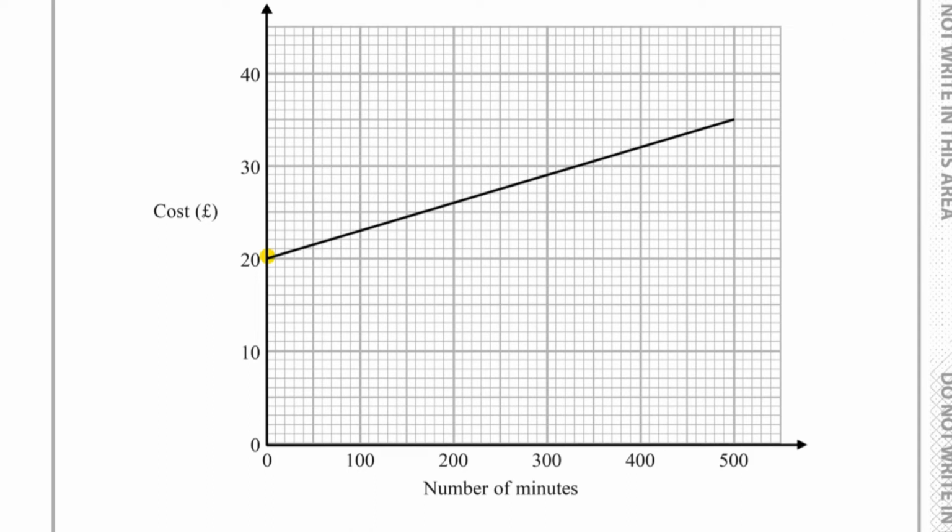So what we need is a change in x, and we also need a change in y. Now here we are going from 20 to 35, so here we've got a change of 15, and here we are going from 0 to 500, so we would have 500.